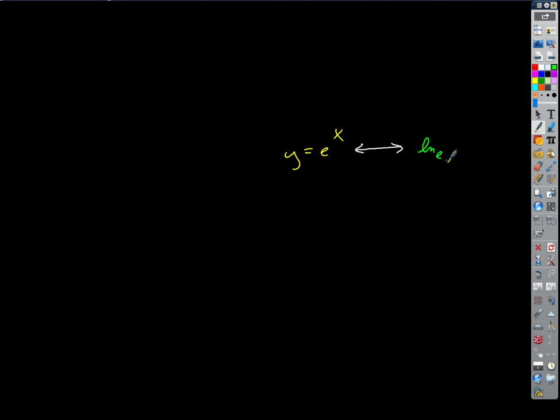The base of the exponential is e, so the base of the log is e. The base e log of what? Of y equals x, because a log is an exponent. Whatever the log is equal to has to go in the exponent of the exponential statement.